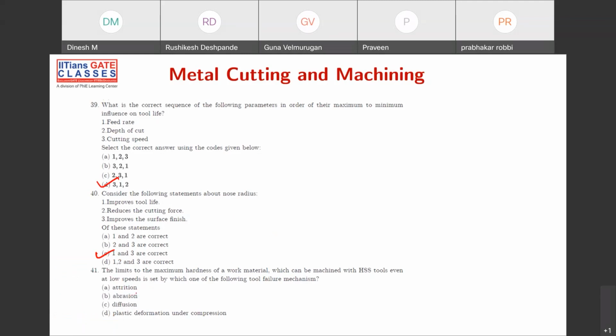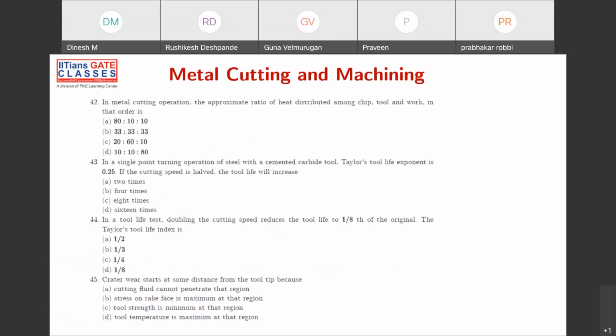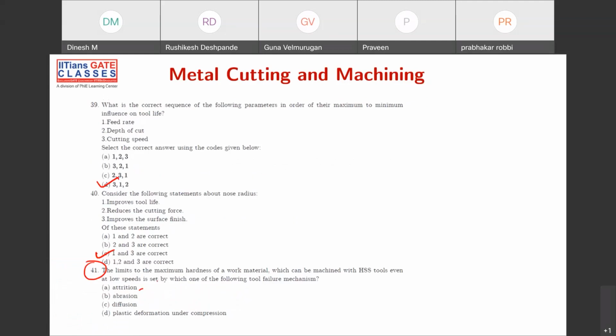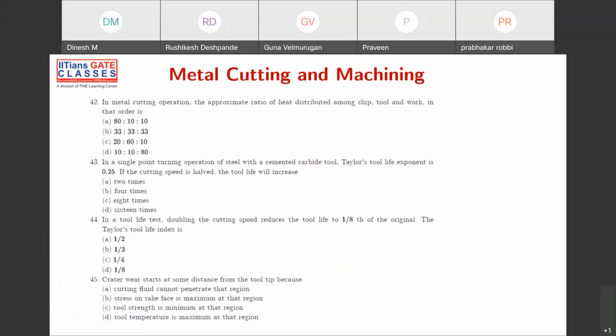The question seems to be very odd. The options are not looking good: attrition, abrasion, diffusion. Okay, let us keep this question aside. Let's discuss this a little later. Tell me the 42nd one. What is this attrition? I have to correct this. Anyways, tell me the 42nd one.